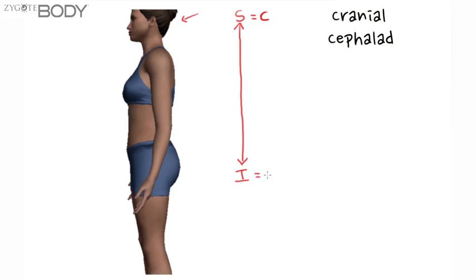For inferior, you have caudal or caudad, from the word tail. And if you know well the tailbone found in humans, or the coccyx, then anything towards that area is called caudal. Say if you compare the ear to the shoulder, you can say that the ear is located cranially to the shoulder, and the shoulder is located caudally to the ear.